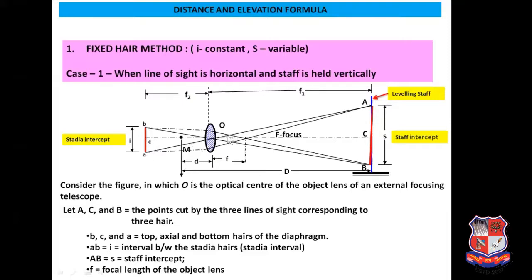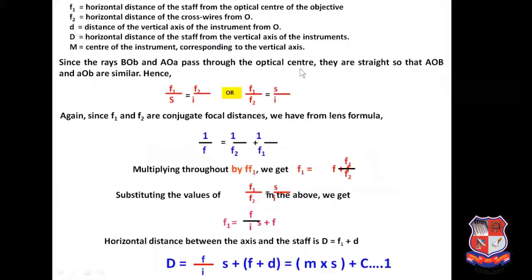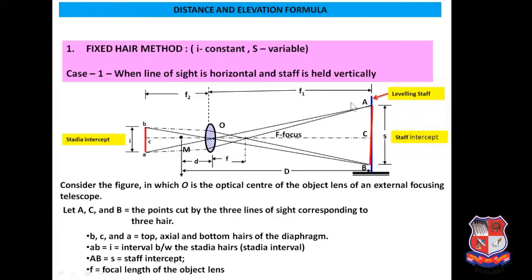These rays are passing through the optical center of the object glass and they are straight, so these two triangles in the figure, capital A, capital O and capital B, and small a, capital O and small b, will become isosceles similar triangles.